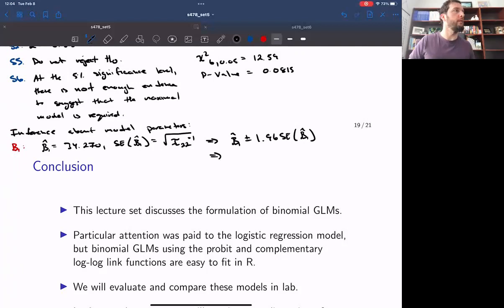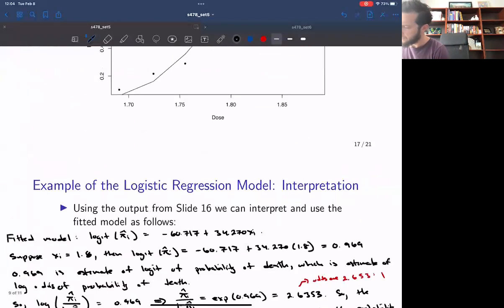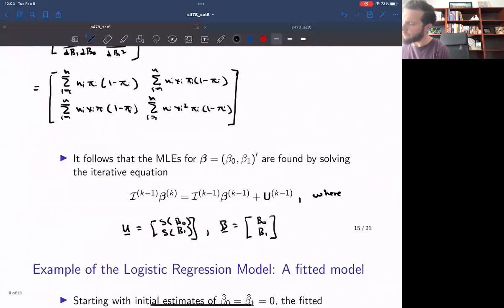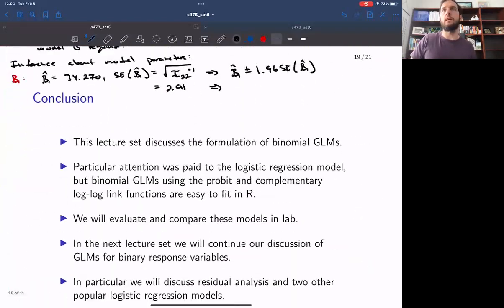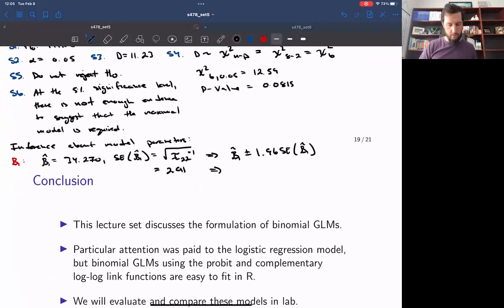Okay, so the square root of this value here is going to be 2.91. Right, so that's the square root of 8.4779. So then we can easily build a confidence interval based off of this value.